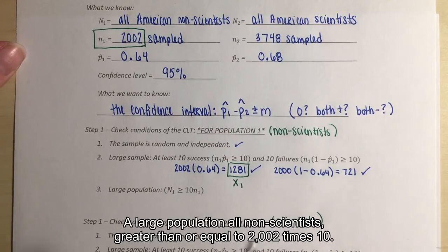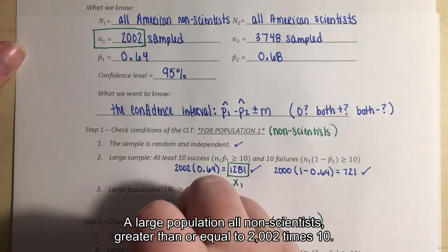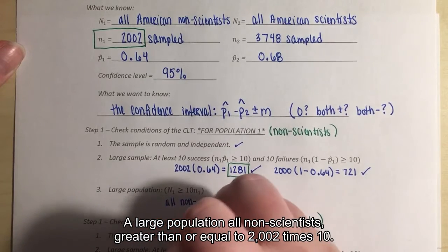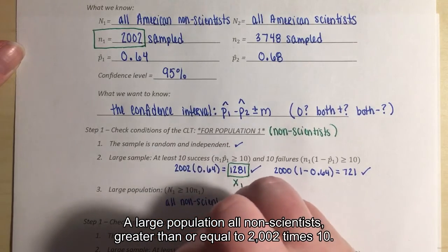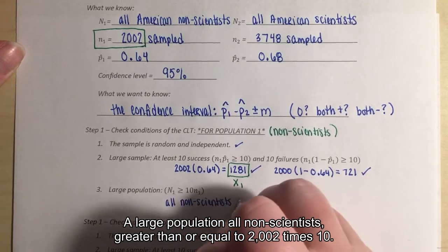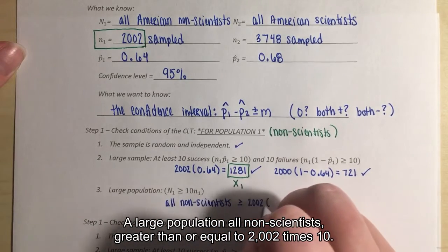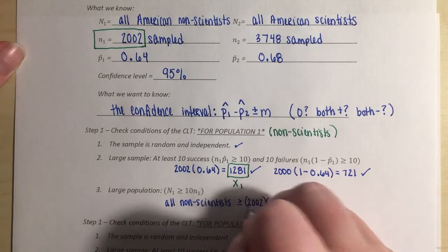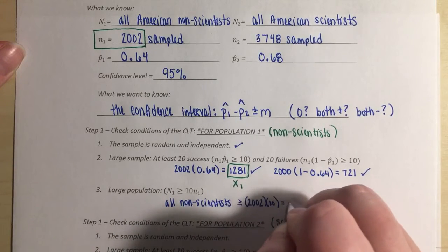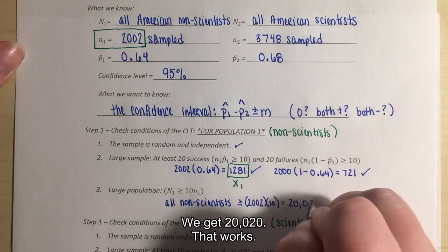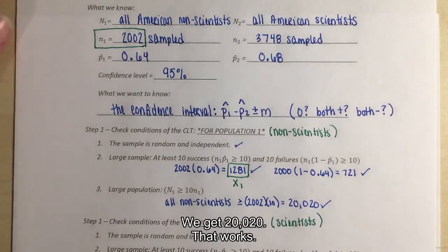A large population, all non-scientists, greater than or equal to 2,002 times 10. We get 20,020. That works.